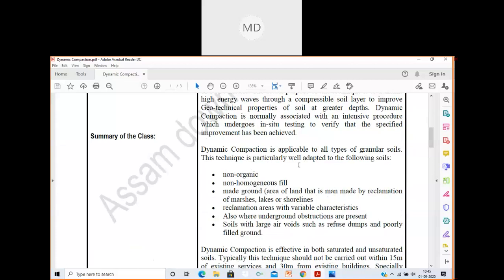This technique is particularly well adapted to the following soils, where this process works very well: non-organic soil, non-homogeneous fill, made ground, that is, land made by reclamation of marshes, lakes or shorelines, reclamation areas with variable characteristics, places where underground obstructions are present, and soil with large air voids such as refuse dumps and poorly filled grounds.